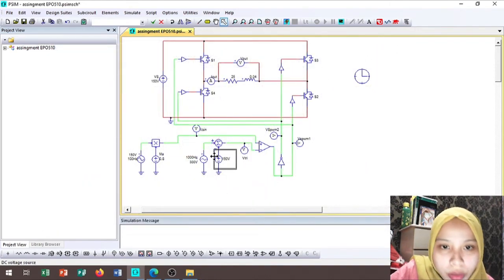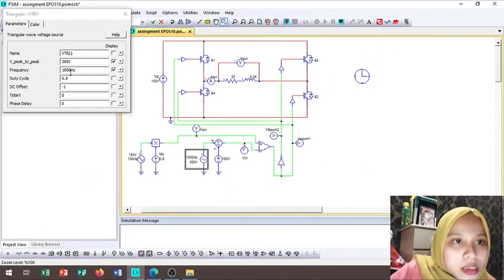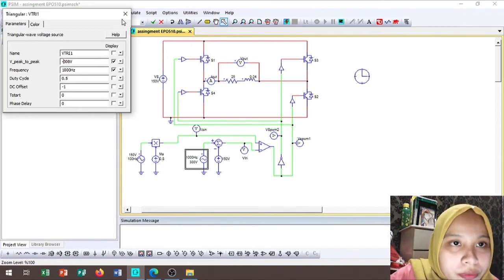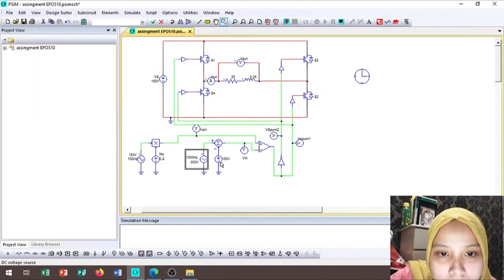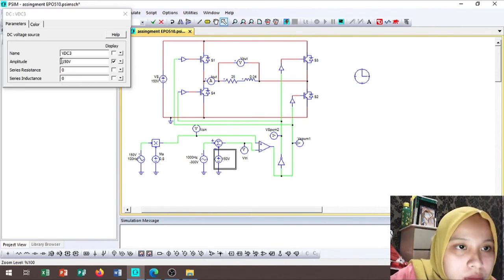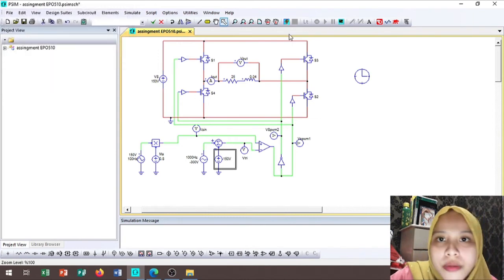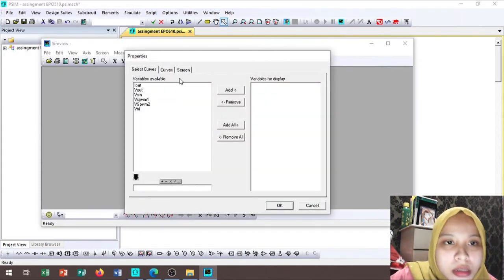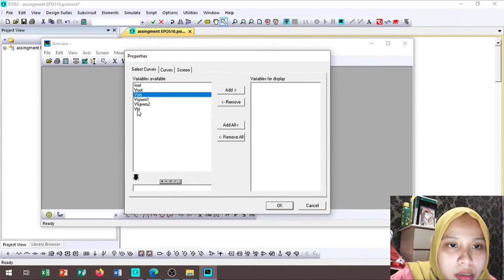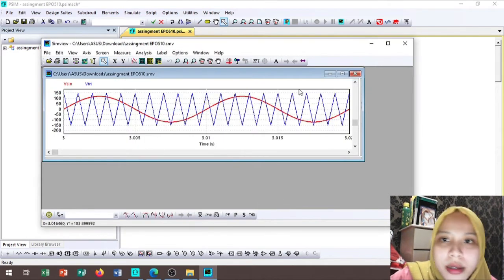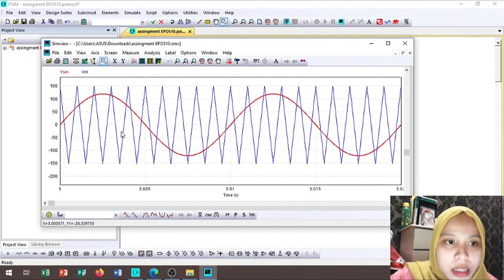For the negative cycle, I change to negative, and this is for negative also. So we run the simulation, and then there we see. Basically this is the result that we get.